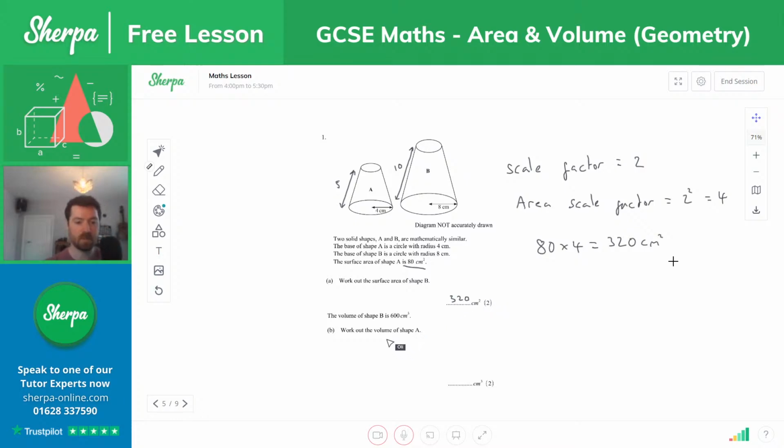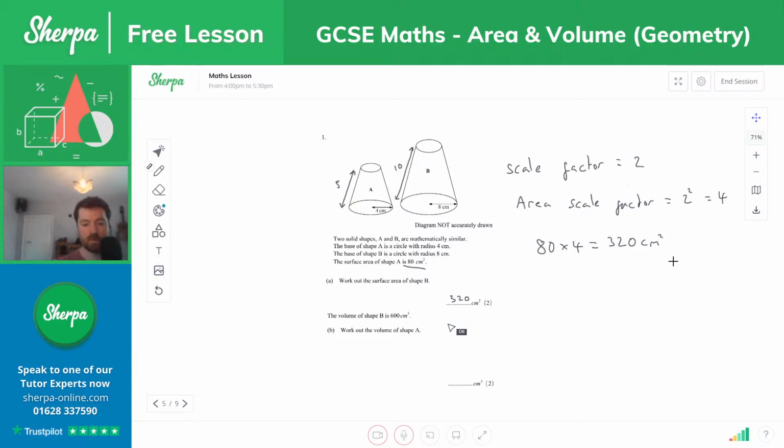Part B, we're told the volume of shape B is 600. Work out the volume of shape A. So we've already learned how volume scales with our linear scale factor, haven't we? We know it always scales with the cube of our linear scale factor.